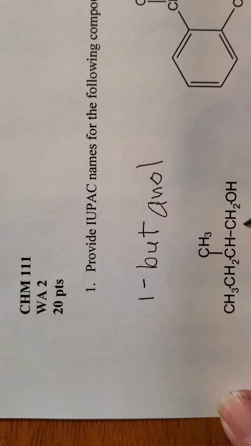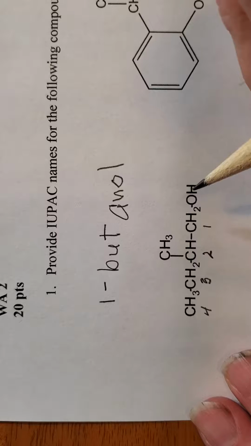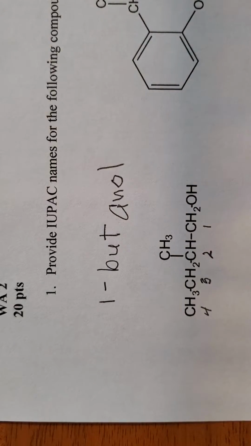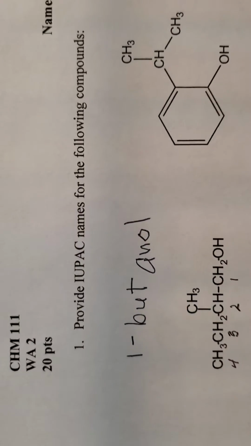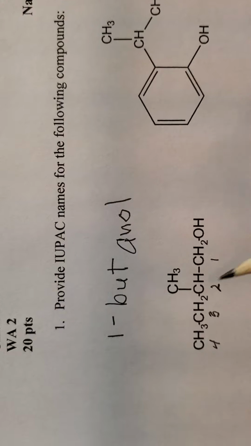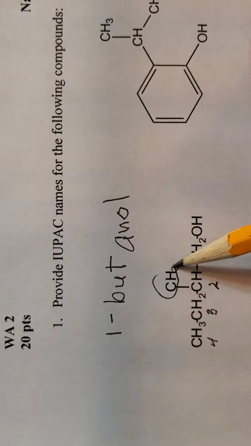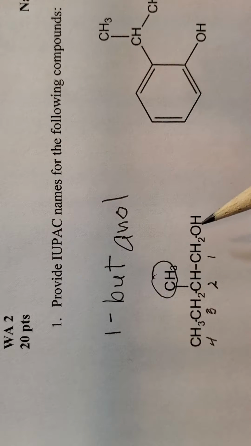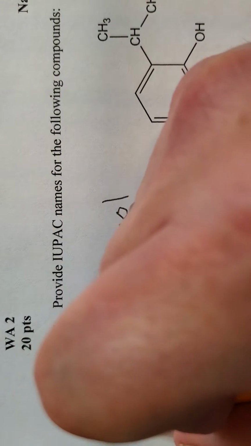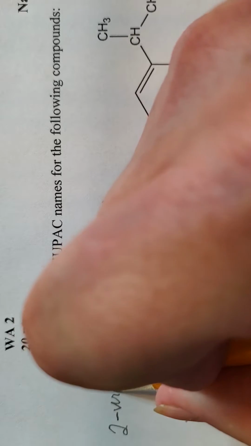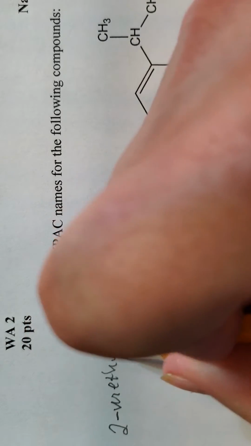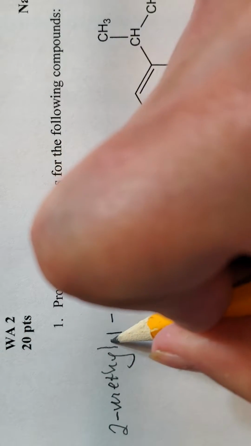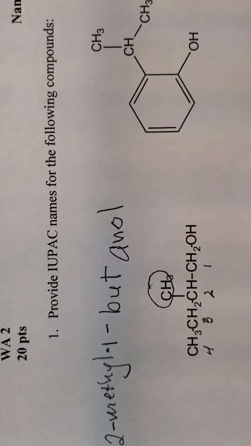So then the counting order is 1, 2, 3, 4. So we have to account for this substituent group, which is a methyl, and it's on carbon 2. So this is 2-methyl-1-butanol.